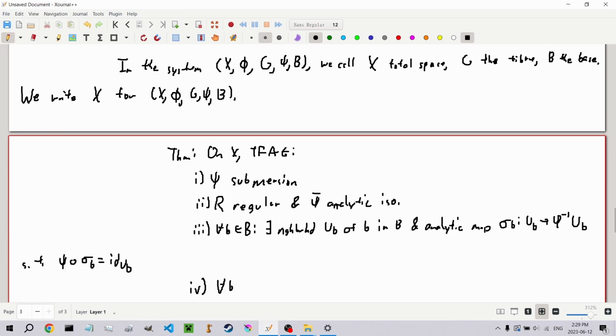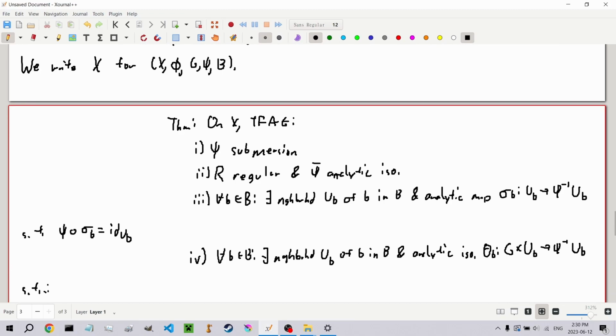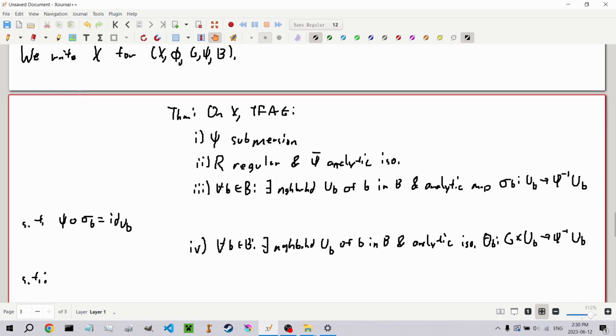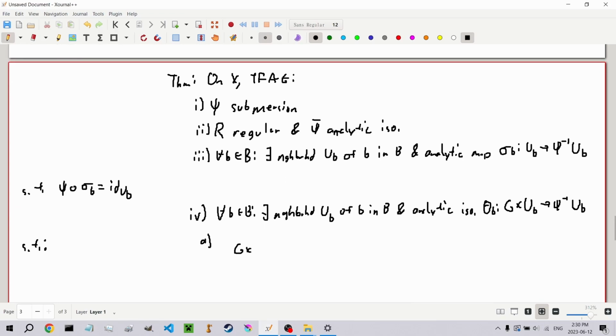Number 4, for all B and B, there's a neighborhood UB of B and B, and an analytic map, analytic isomorphism actually in this case, Theta B from G and UB into C inverse of UB such that, first off, we have a diagram that commutes from G and UB.